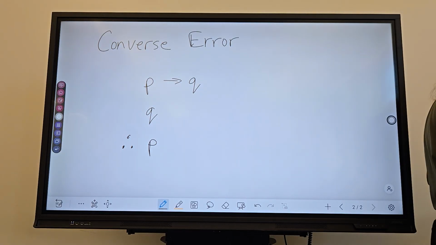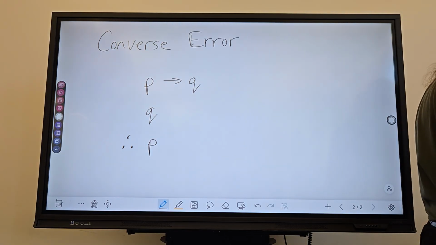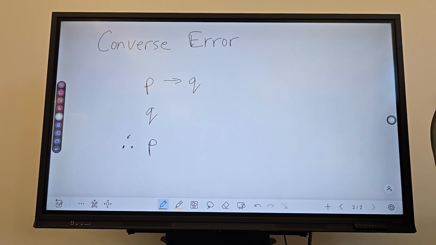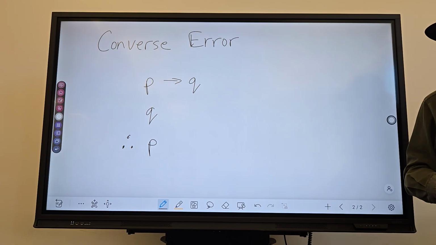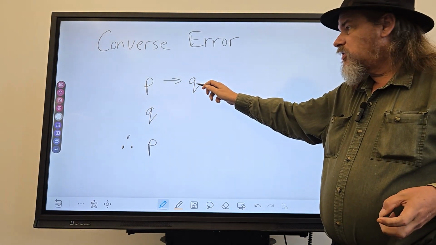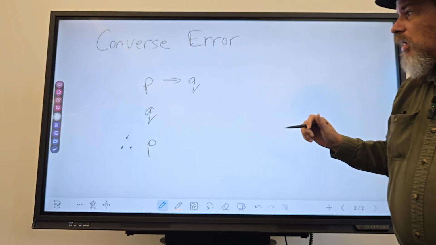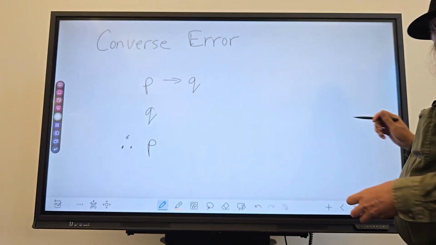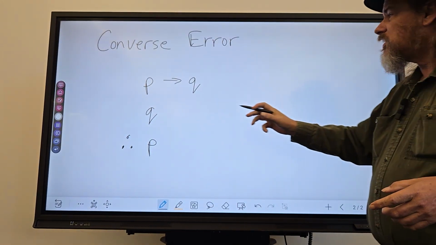Now this looks similar to the modus ponens syllogism, but in fact it is not. It is an invalid argument. Not all people that sit in the back row are cheaters. If he's a cheater, then he sits in the back row.